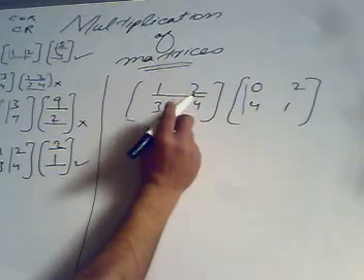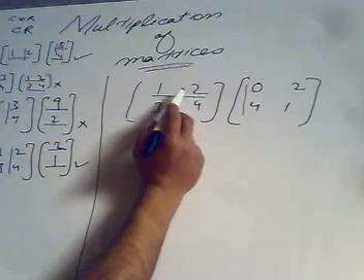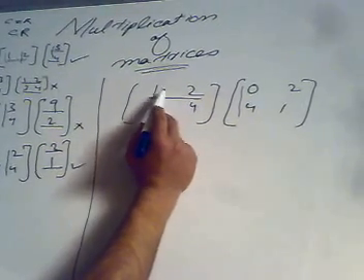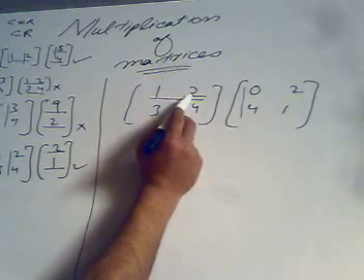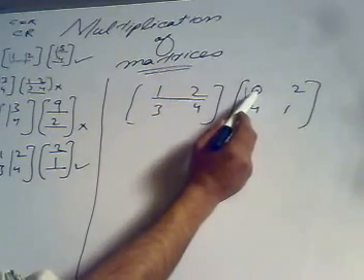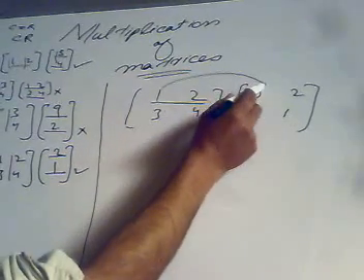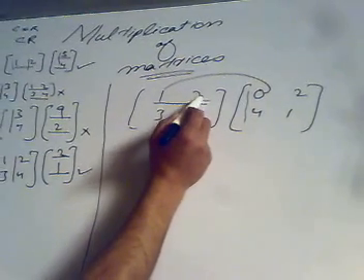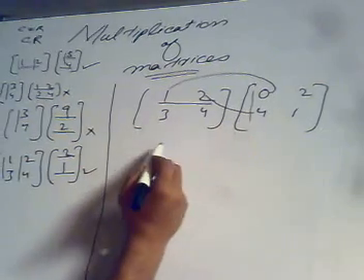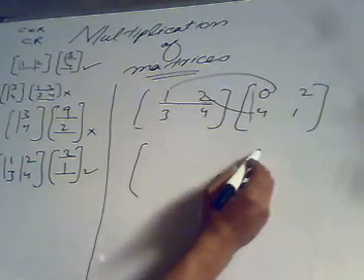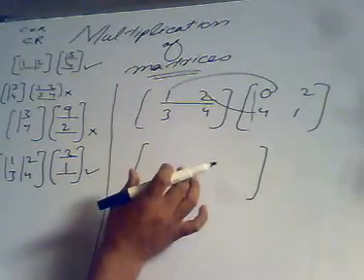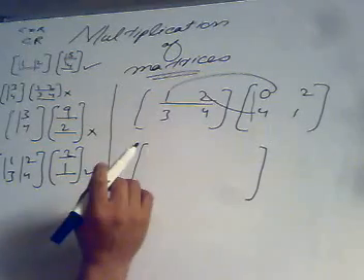Whenever we multiply a row with a column, we have two elements here, 1 and 2, and also two elements here, 0 and 4. The first element will be multiplied with the first element, and the second element with the second element, and their answer will be written in one row and one column. I mean that will be solved at one place.